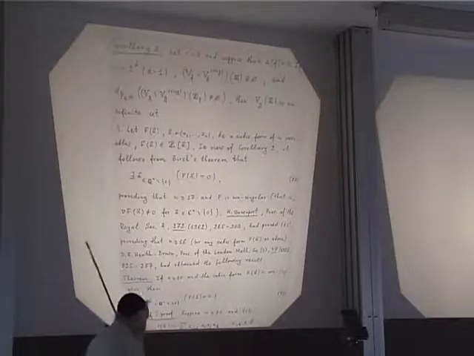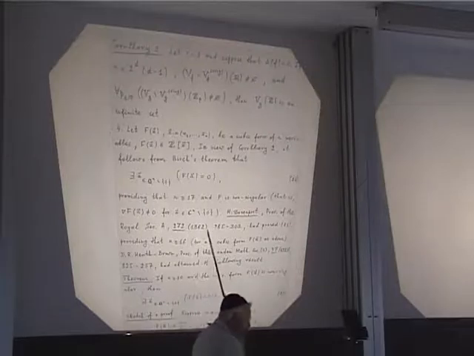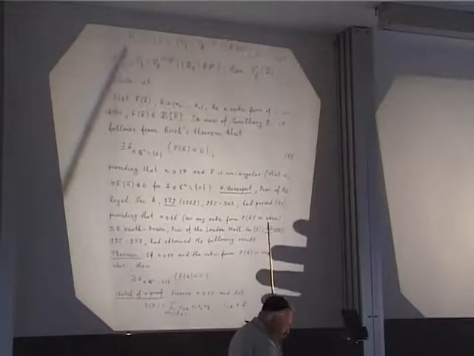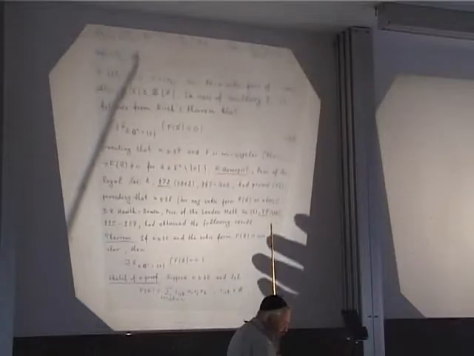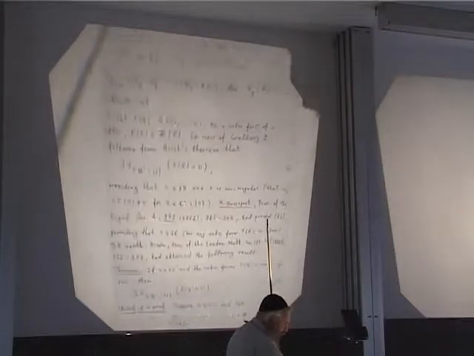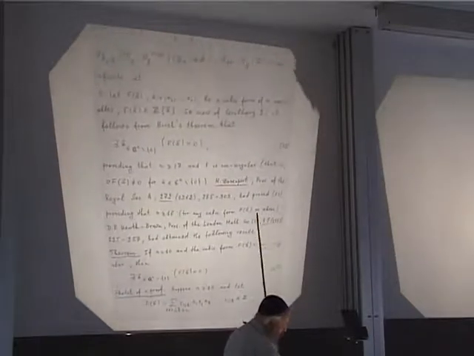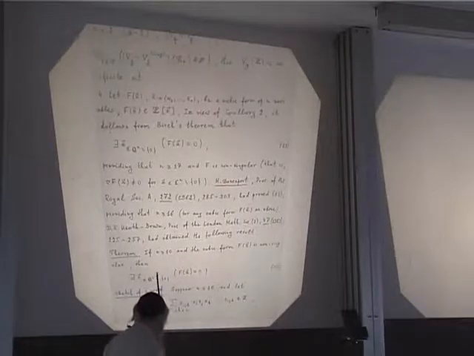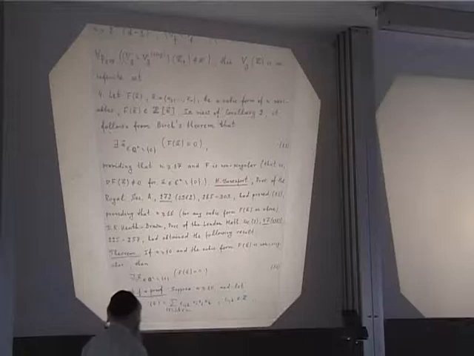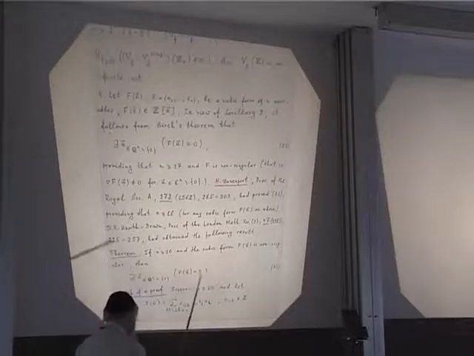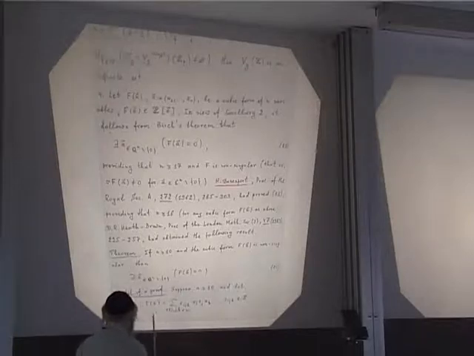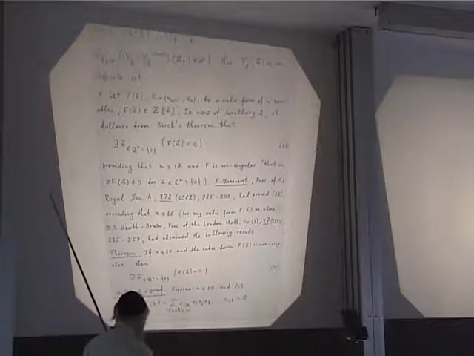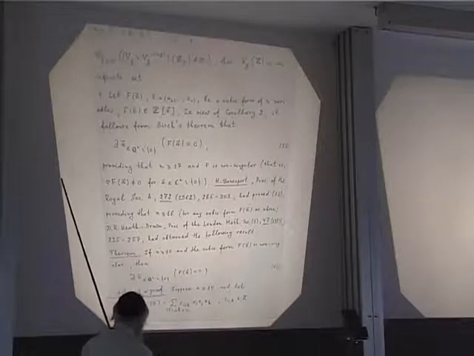But sometime later, trying to improve on this result, some 20 years after that, Brown proved the following theorem: any non-singular cubic form of at least 10 variables also represents 0 non-trivially.